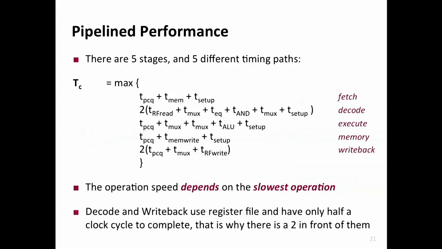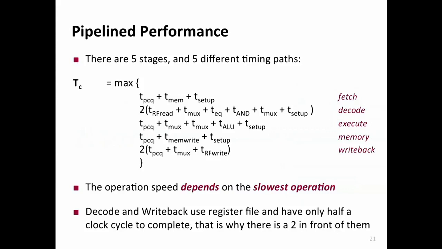Again, I'm not going to go through this, but we've done this similarly early on for single cycle and multi-cycle machines. I'm going to point something interesting here. Basically, you need to calculate the critical path of all stages, and you need to find the maximum of it. Of course, the operation speed depends on the slowest stage. And remember, we had an assumption over here.